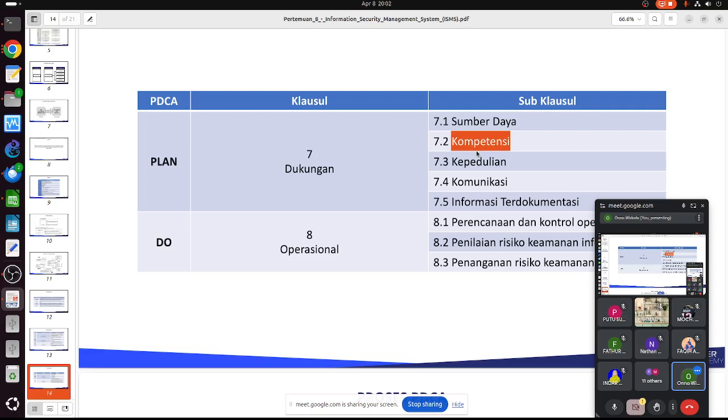But when they asked these people to do the actual pen test on a server they had prepared, many of these people could not do it. So yes, they have a certificate, from this point 7.2 competence, but to actually do the job, the capacity is not there, so that becomes a problem.